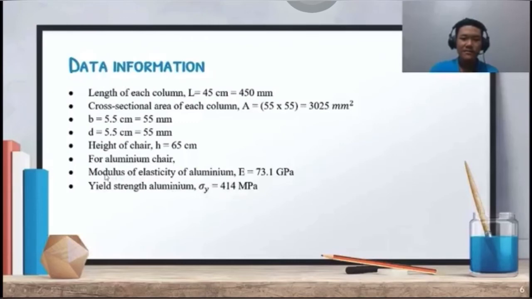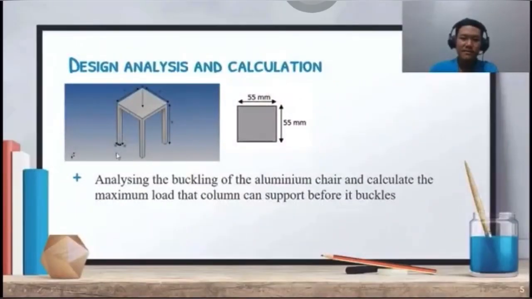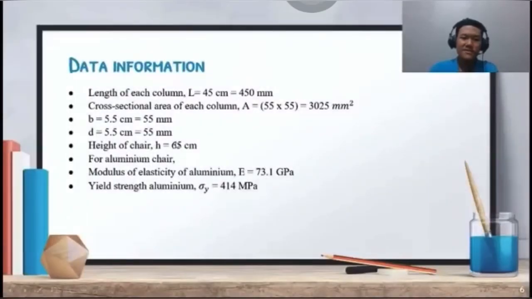We can get the modulus of elasticity of aluminium, E equal to 73.1 gigapascal, and the yield strength of aluminium is 414 megapascal. You can see the label and the data information here.